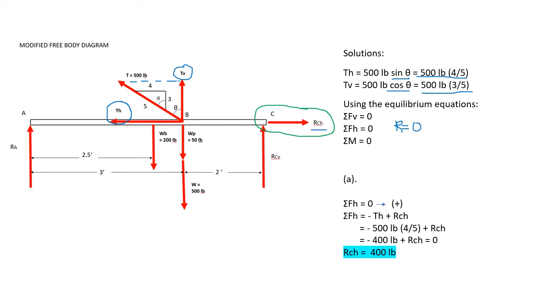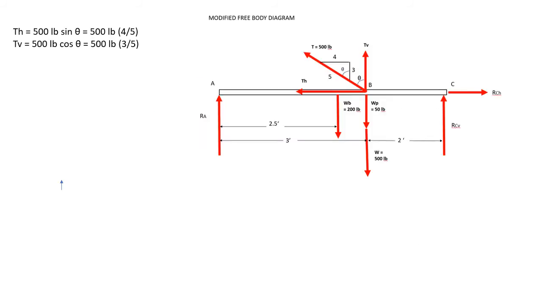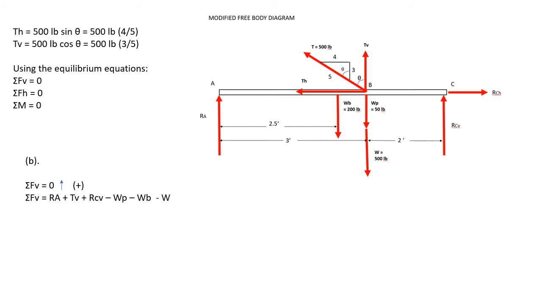The next one is summating the forces vertical. The summation of the forces vertical is equal to 0, taking upward forces to be positive. We have here the summation of forces vertical equal to RA, or reaction at A, plus tension vertical plus reaction at C vertical.